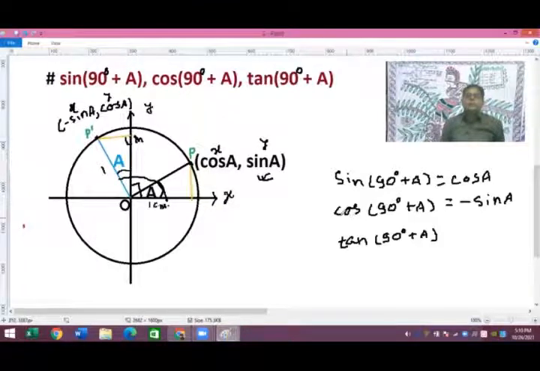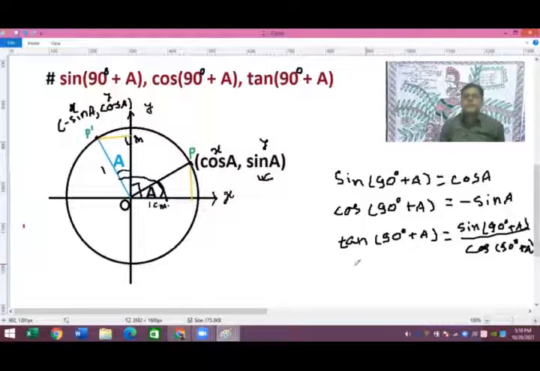So the value of cos in the second quadrant, you saw here, is negative sine A. Now what about tan 90 plus A? Tan 90 plus A means you can also use sine 90 degrees plus A over cos 90 degrees plus A. No need to go to the figure again, but if you like you can work out tan 90 degrees plus A also, but it is not required.